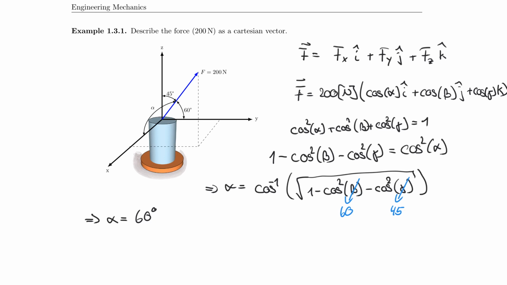Now, let me give you a word of caution here. Sometimes, specifically in your homework, you will find that a force is not in the first octant, right? You now have 8 octants in a coordinate system because it's 3D. And that means that this angle here can take on any value between 0 and 180.